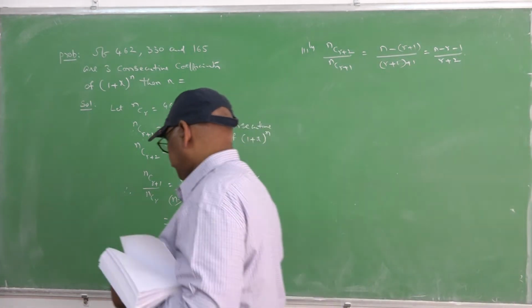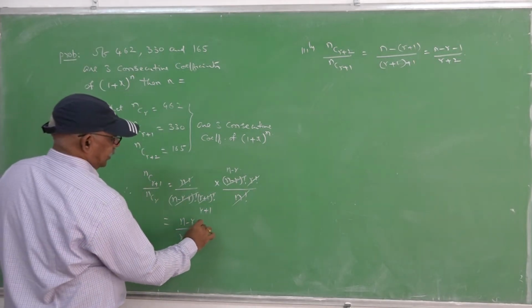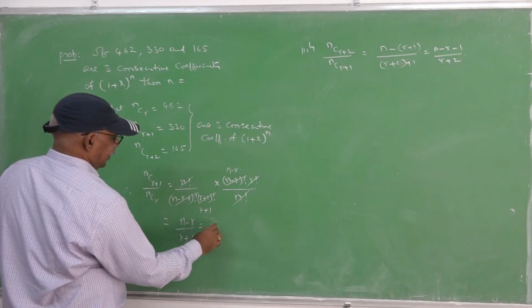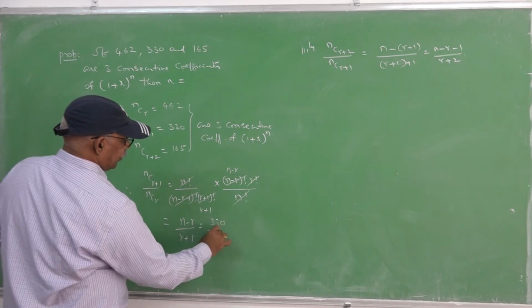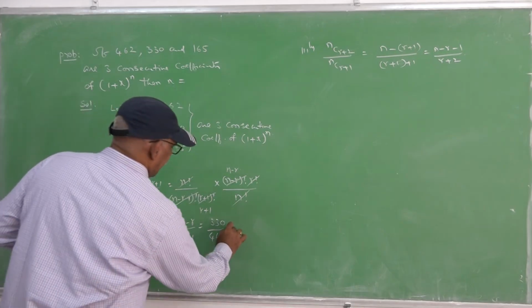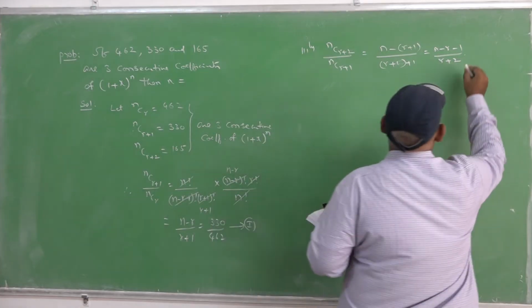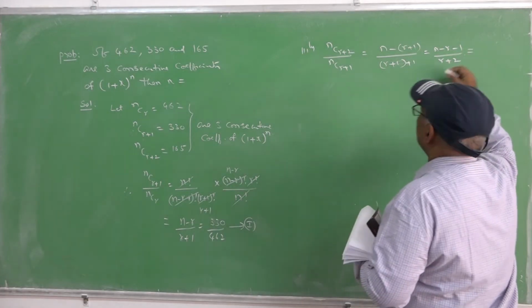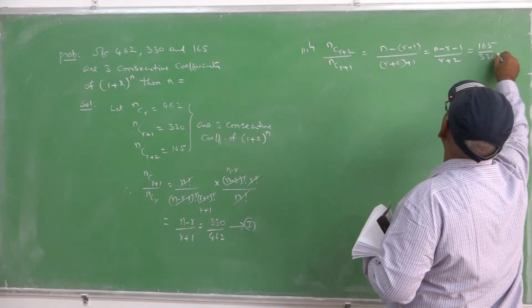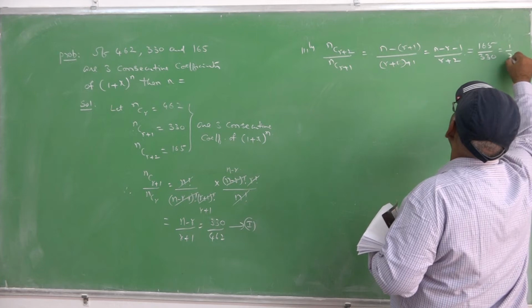Of course, this one is given as 330 by 462 here. Let it be 1. And this is 165 by 330 here. 165 by 330 means twice 1 by 8.